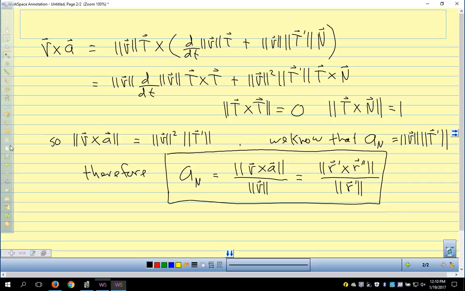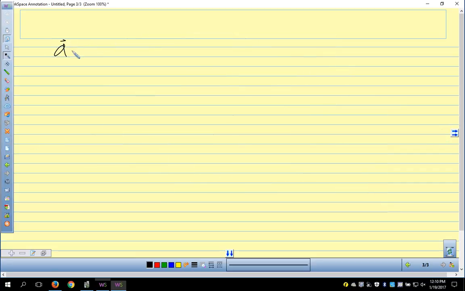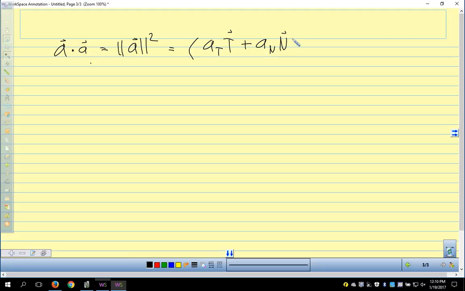All right, finally, let's look at a dot a. And we know that that is the magnitude of a squared. And here we can just write this as a sub t times unit tangent vector plus a sub n times the unit normal vector. And we're going to dot that with a sub t, t plus a sub n, n.